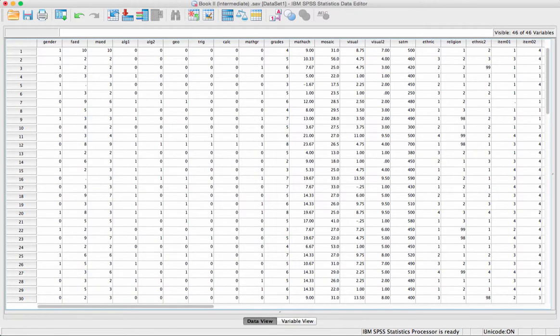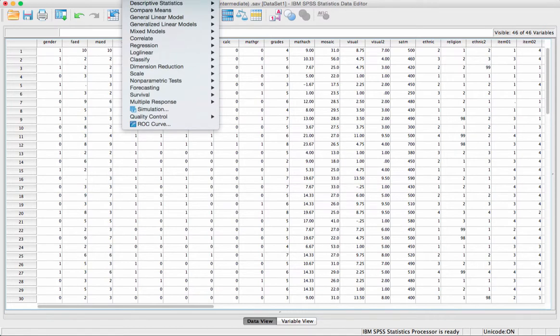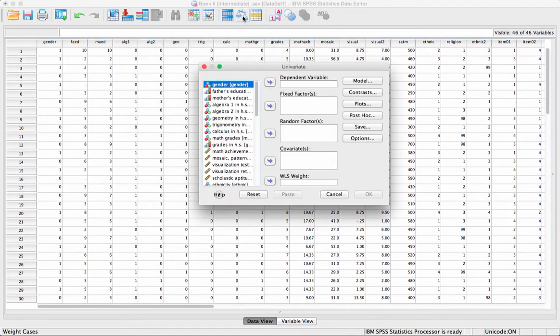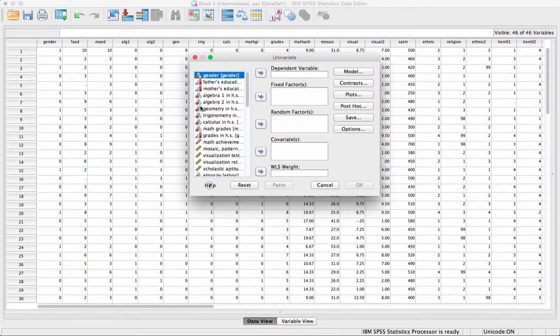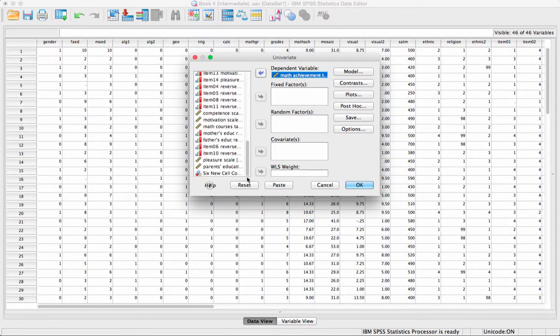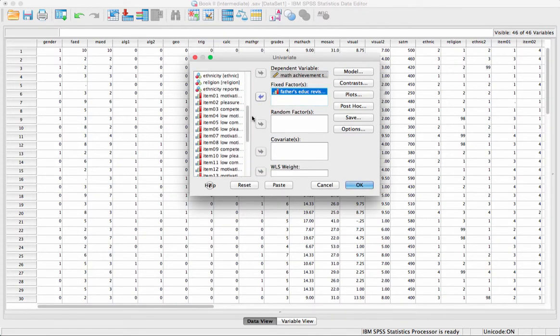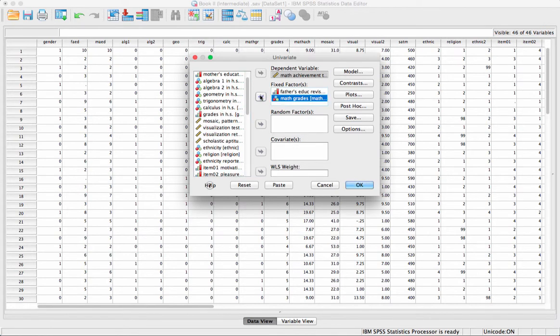So to analyze this data, these independent variables, we'll go to General Linear Model, Univariate, and we will put math achievement in our dependent variable box, and we'll go down and get father's education revised for the fixed factor box, and math grades for the fixed factor.